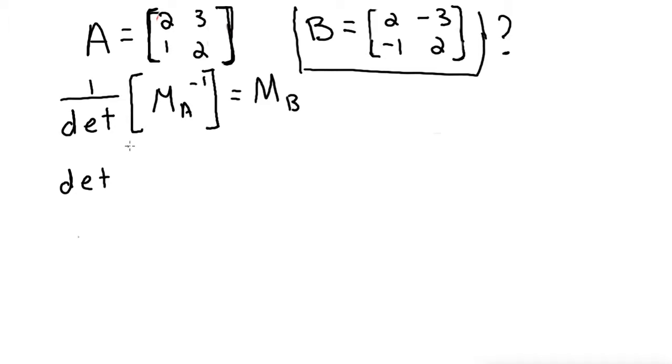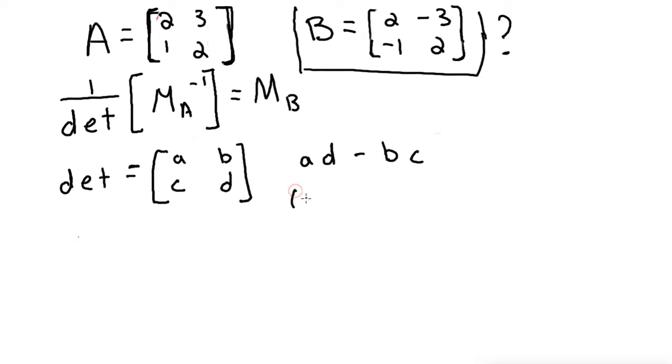The equation for the determinant is going to be equal to, we have a matrix A, B, C, and D. And what we'll do is, we'll do A times D, subtract B times C. So for this matrix, the A is going to be a 2.